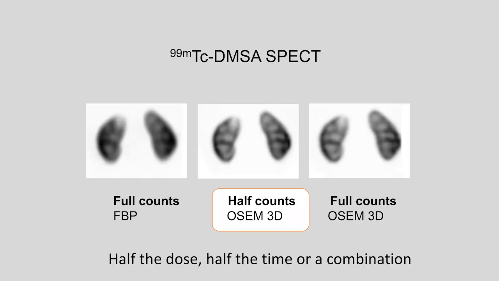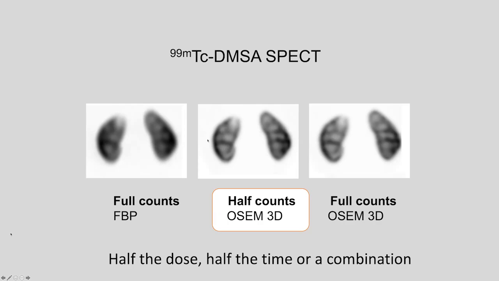Here is an example where the patient has a SPECT using the full counts, and you can see there is a defect in the upper pole, and the right kidney appears relatively normal. When you use OSEM 3D, and you can use half the counts or half the dose, the images, you will agree with me, are much sharper than with filter back projection.